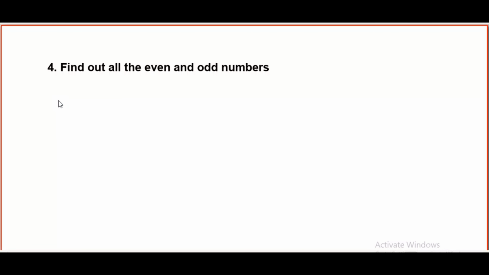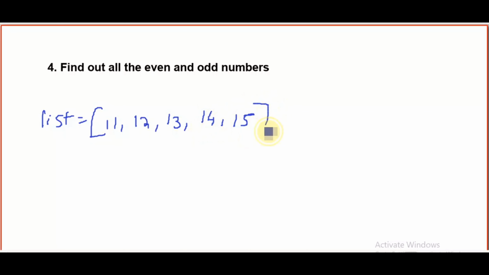Fourth question is find out all the even and odd numbers. So we have given a list 11, 12, 13, 14, and 15. In this list, we have to find out even numbers and odd numbers.